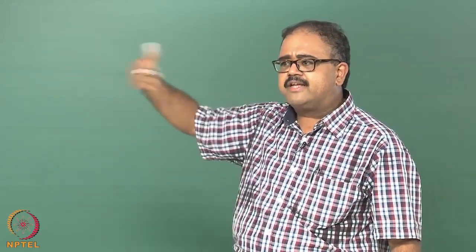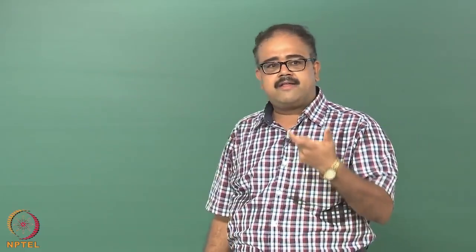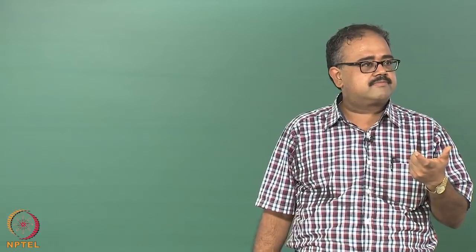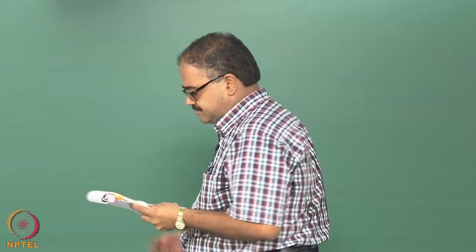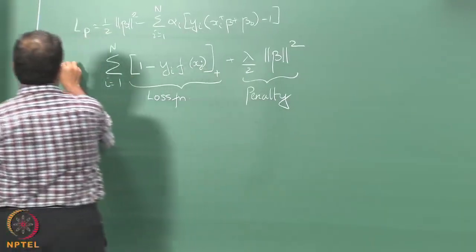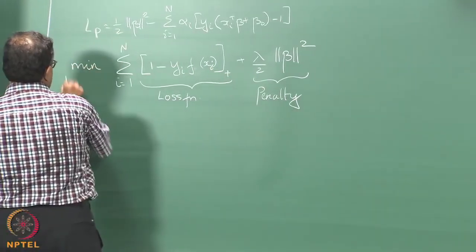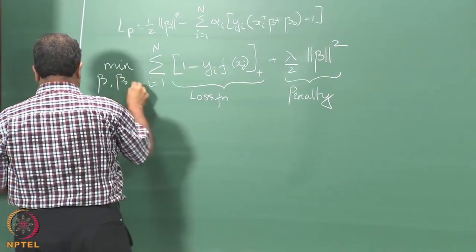So now I am saying you can think of another way of writing the objective function, which is to say that there is this loss function, which is accounted whenever it is negative. So now your goal is to minimize this.